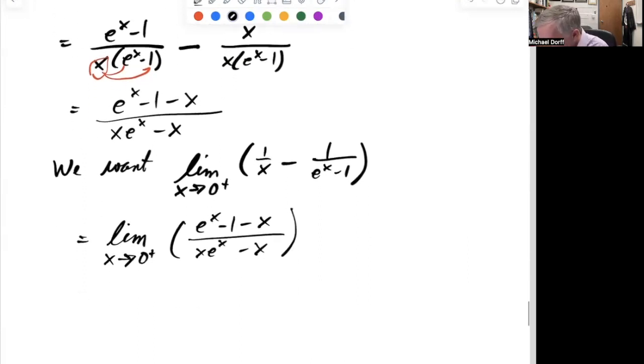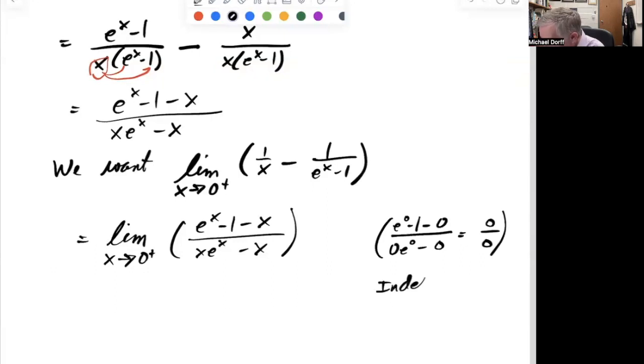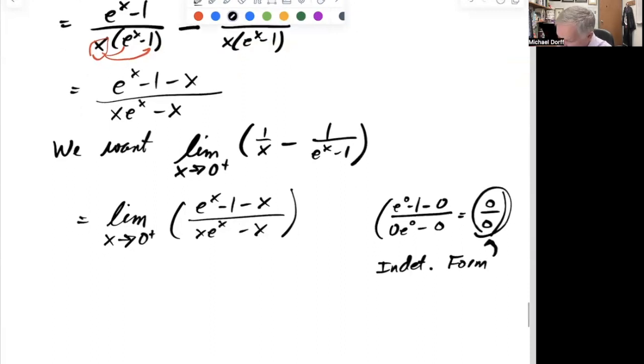And now if we do a substitution there where x equals 0, trying to solve the limit, we get e to the 0 minus 1 minus 0 over 0 times e to the 0 minus 0. And that's going to give us 0 over 0, which is my indeterminate form. And not only is it an indeterminate form, it's also an indeterminate form that we can use L'Hopital's rule on.